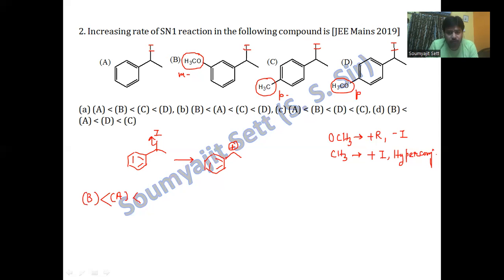Between hyperconjugation and mesomeric effect, which one is more powerful? Obviously the mesomeric effect. So the third position will be of C, and the last one is for D. So that will be the increasing order for the SN1 reaction. Now let's see where this option is present. BACD, option B. Option B is the correct answer.